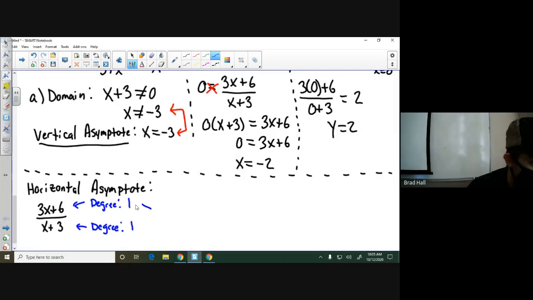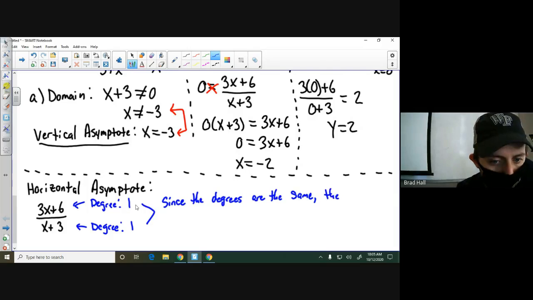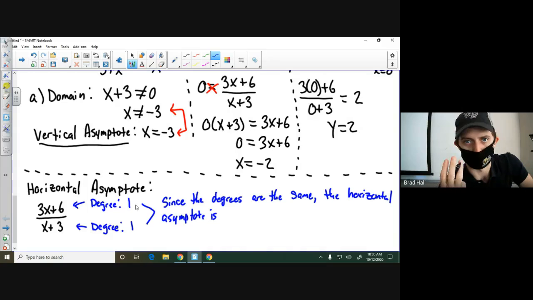So what this means, since the degrees are the same, the horizontal asymptote, I have this in my notes for all 3 of the 3 conditions: when the numerator degree is larger, when the denominator degree is larger, and when they're both equal.